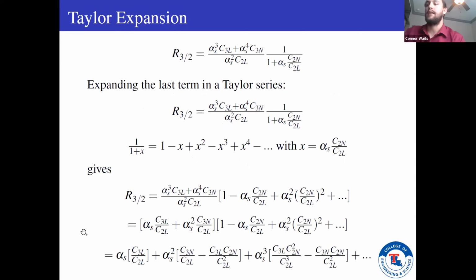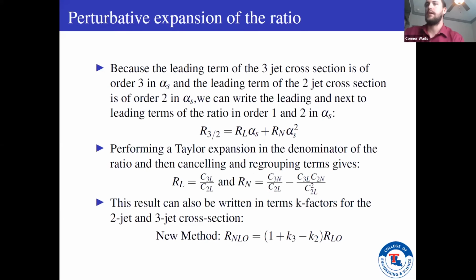However, why not take the ratio of a perturbative expansion? To do this, we perform the Taylor expansion in the denominator of the ratio and in alpha sub s. And regrouping terms, we get that these are the new coefficients for this ratio of perturbative expansions.